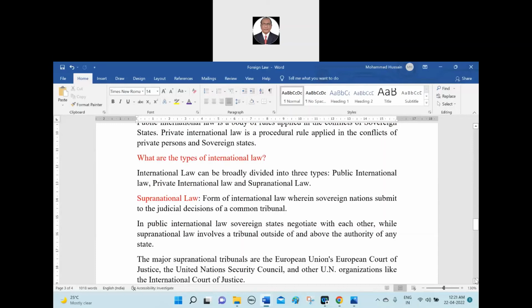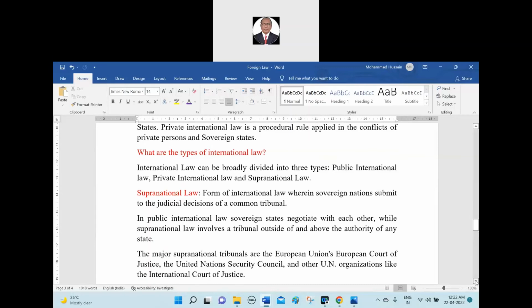Then we can see what supranational law is. It is nothing but a forum of international law wherein sovereign nations submit to the judicial decision of a common tribunal. The forum is given the power to the tribunal, and such is called supranational. For instance, in public international law, sovereign states negotiate with each other. But supranational law involves tribunals outside and above the authority of any state, where the tribunal comes into the picture.